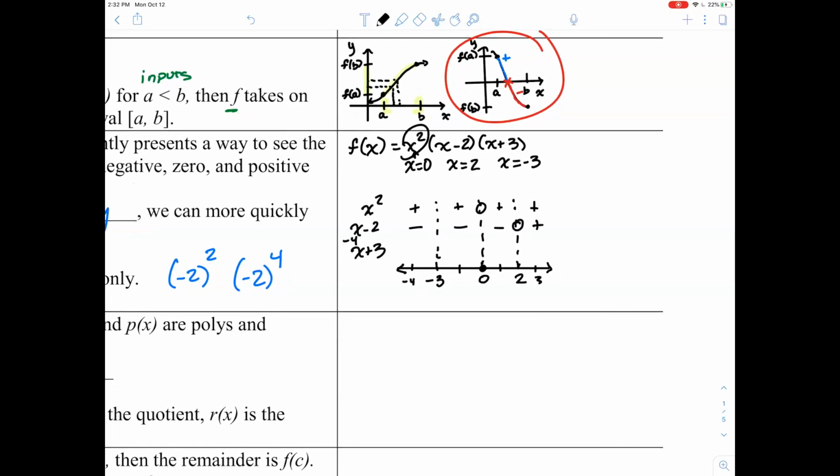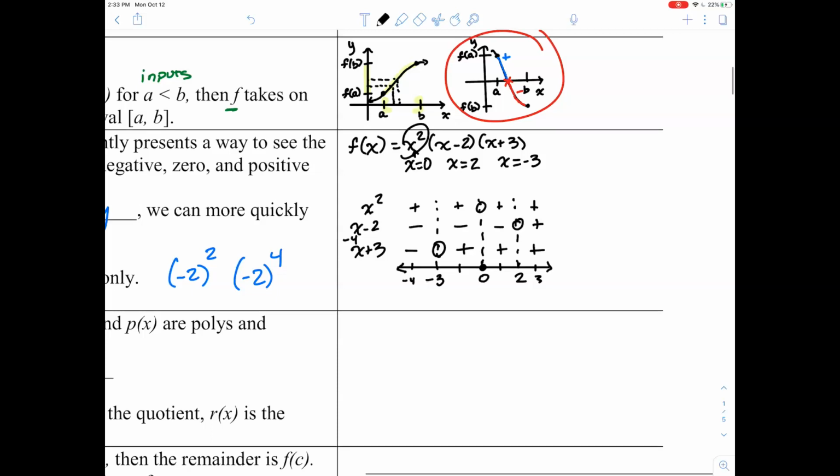So if I'm less than 2, I get a negative for x minus 2, and if I'm right of 2, then I get a positive. For x plus 3, -3 is your 0. So to the left of that, you would get a negative, and to the right, you would get positive values if you're picking numbers on your domain.